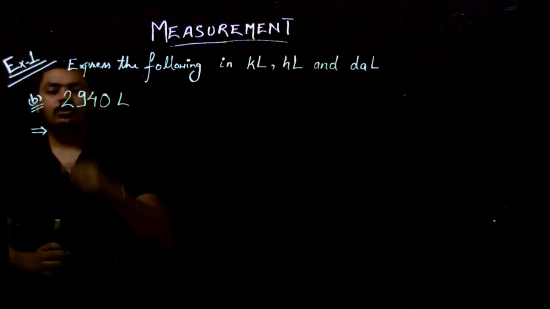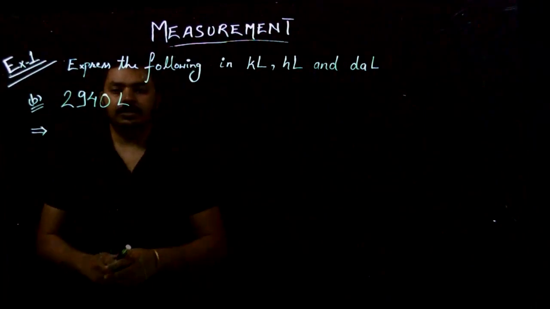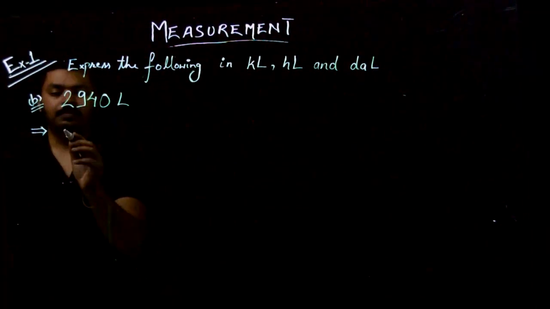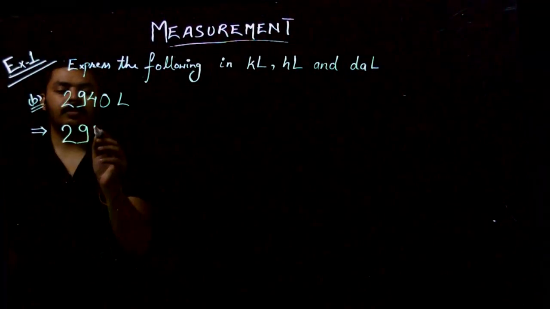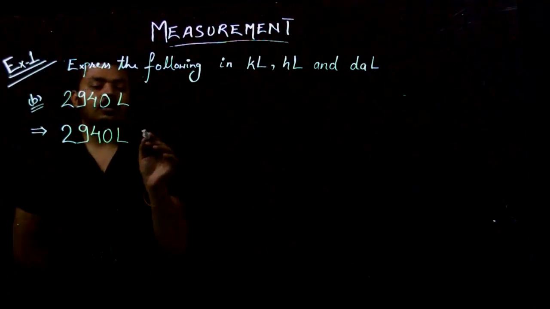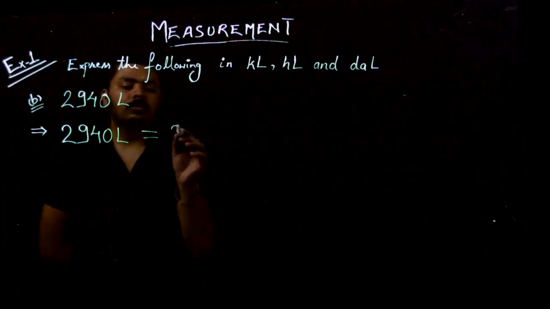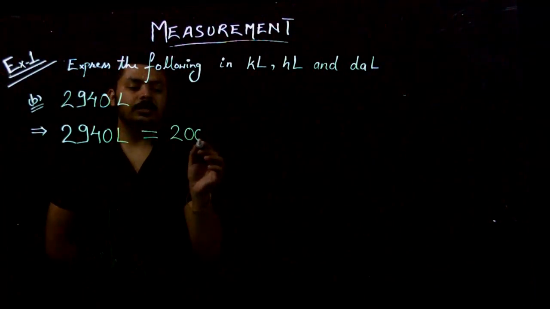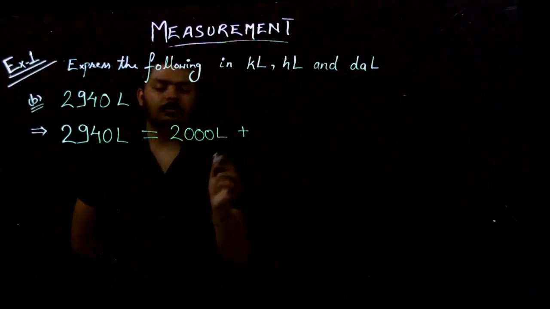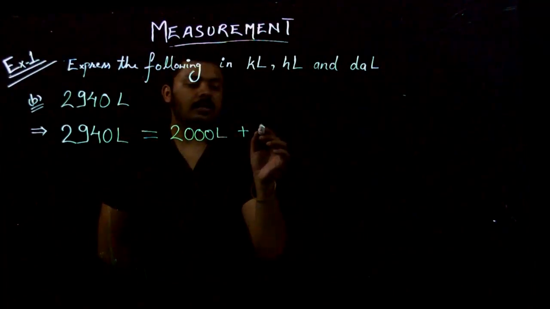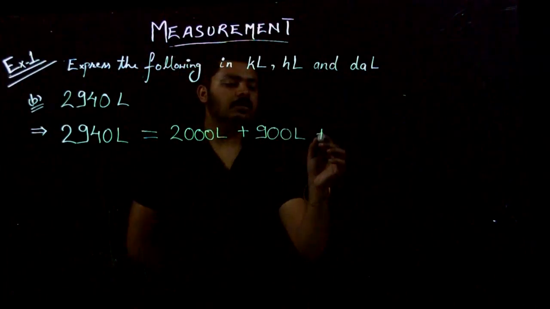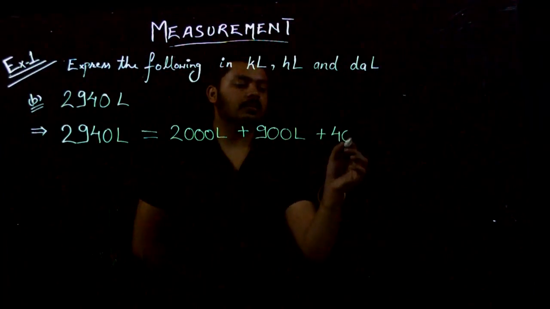Now let's look at part B of example number 1. Here it is 2940 liters. So let's start. 2940 liters can be written as 2000 liters plus 900 liters plus 40 liters.